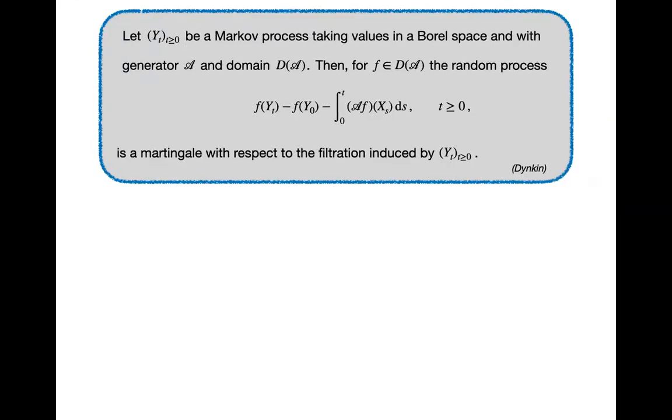And now, when you have a Markov process, you have a lot of martingales that you can associate with this Markov process. And abstractly speaking, if you have a Markov process taking values in a Borel space, having a certain generator and a certain domain, then for any function of this domain, you take f of Y_t minus f of Y at time 0, and then you subtract the integral from 0 to t of the generator applied to f at Y_s.